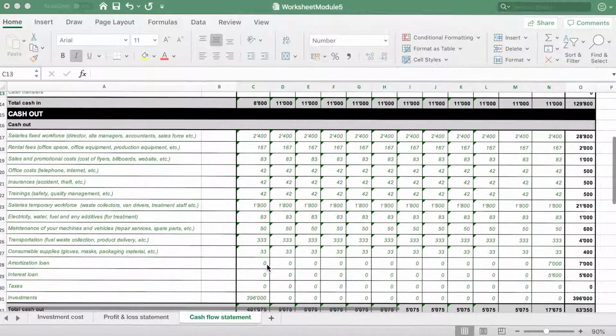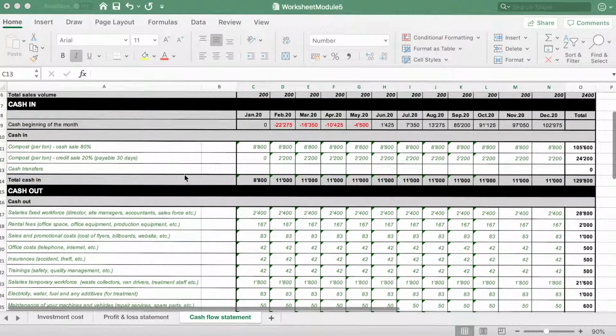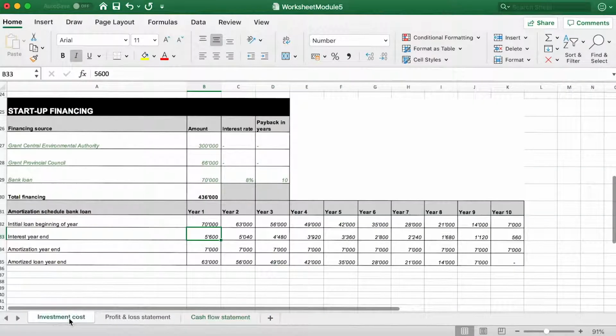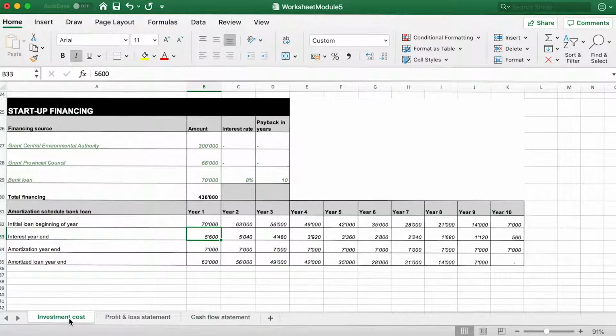Now, let's go back up in the table to the cash transfers to see how these large investments into infrastructure and machinery can be covered. The composting plant has found 3 financing partners in total. If you go back to the tab Investment Costs, you can have a look at them.